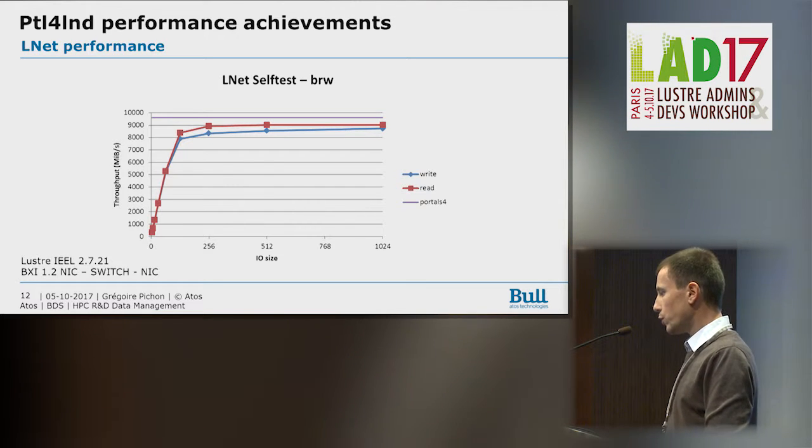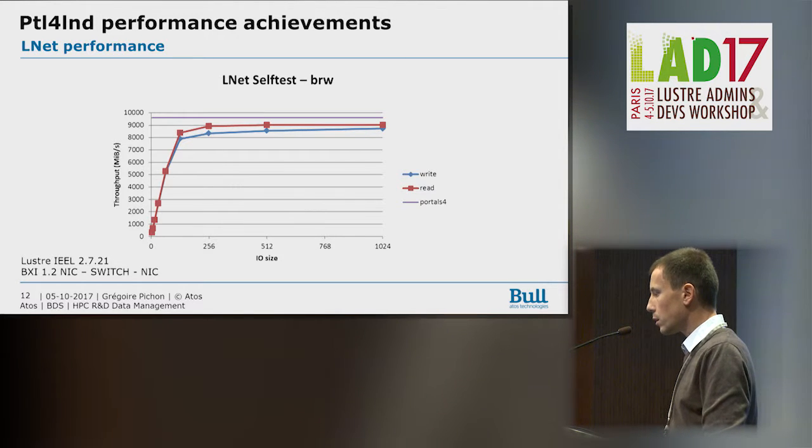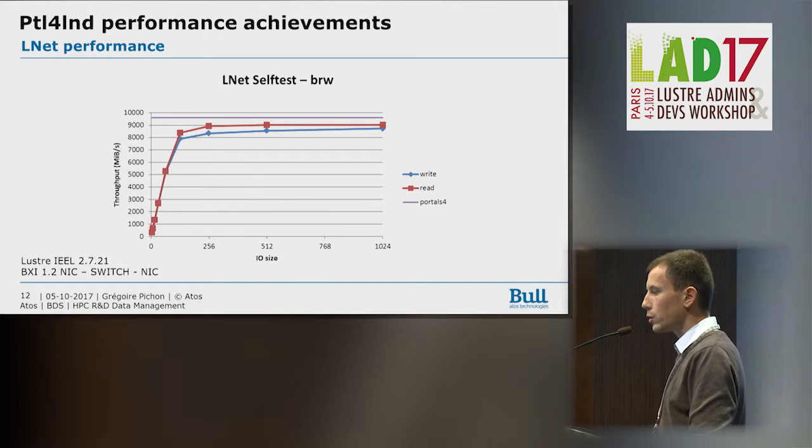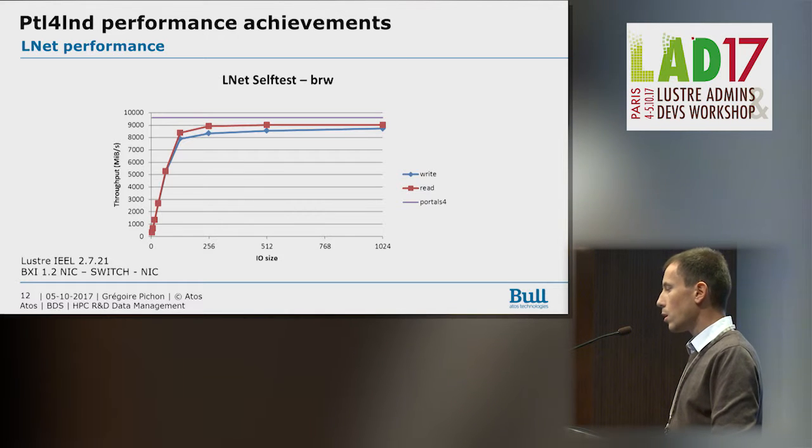So we have been able to perform a few performance measurements. The thin pink line, Portals4, indicates the current bandwidth achieved at the Portals4 layer with the hardware implementation. This is around 9.6 gigabytes per second, and it's still a work in progress.